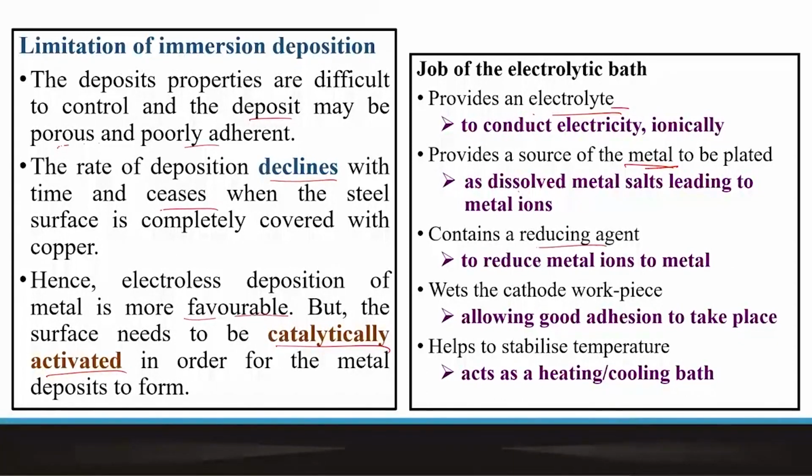We require a reducing agent to reduce the metal ion to metal at the cathode, and it should also be able to wet the cathode, allowing good adhesion between the cathode and the deposit, and it should help to stabilize the temperature by some amount of circulation.